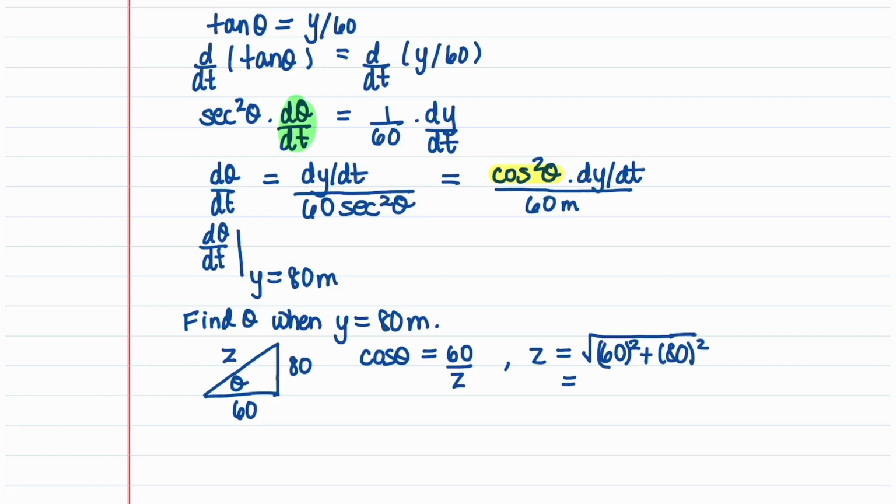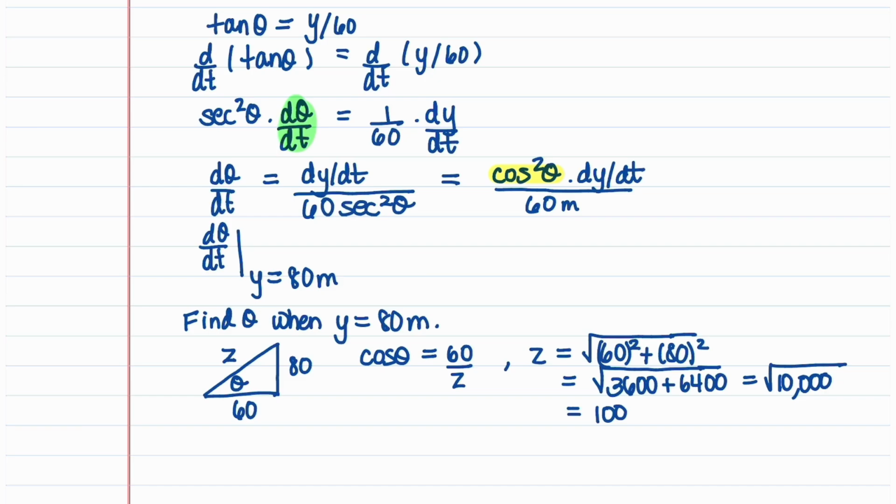So let's see, this is the square root of 3,600 plus 6,400, which is the square root of 10,000. So that's at least nice. That is equal to 100.